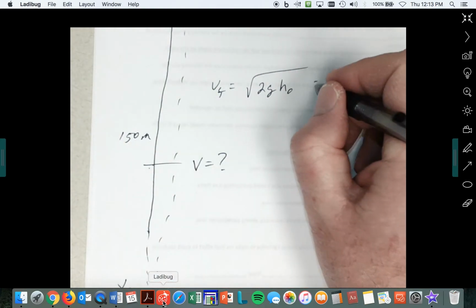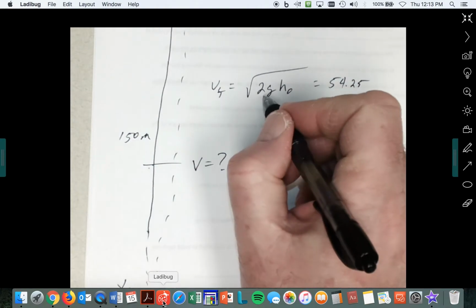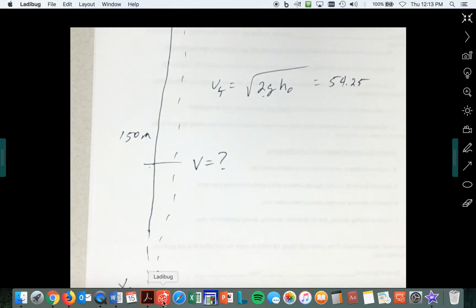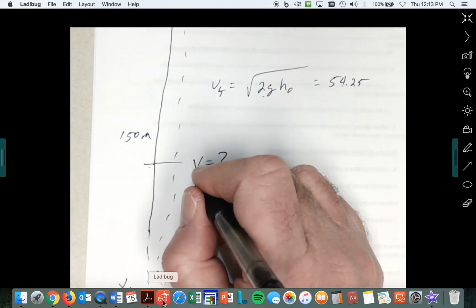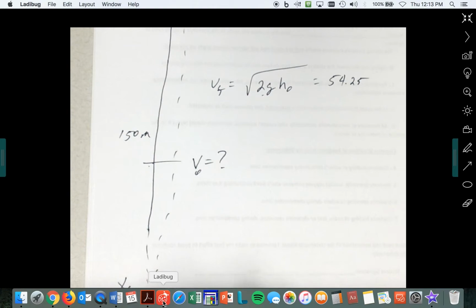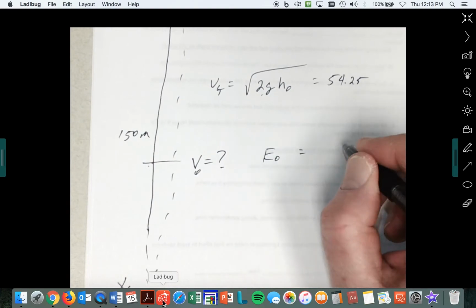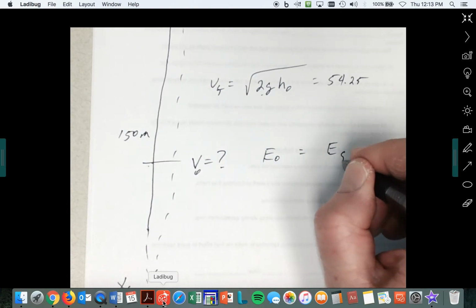And that comes out to be about 54.25. But the nice thing is we can just leave this as our initial velocity at this point, and we're going to figure out how far the rope is going to stretch, so our energy before is going to equal our energy after.